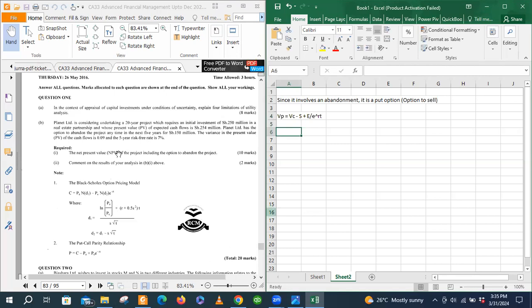Now, the NPV of the project, including the option to abandon, our total NPV will be, we take our NPV the normal way, then we add the value of the put option.